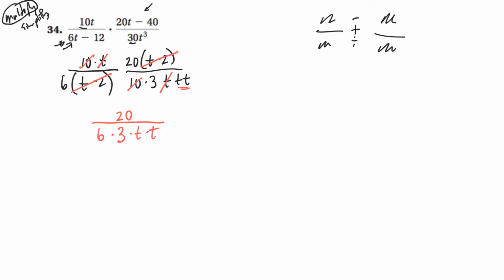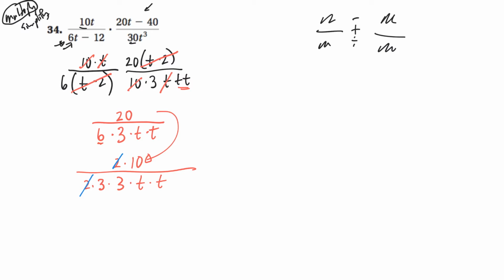And sure enough, 20 is the same as 2 times 10, and 6 is 2 times 3, times the 3 that's there already, times the 2 t's. Now notice on the 20 I went to 2 times 10 just because I knew that this 6 was 2 times 3, and then because there's a common 2 on the top and the bottom, I can cancel them.